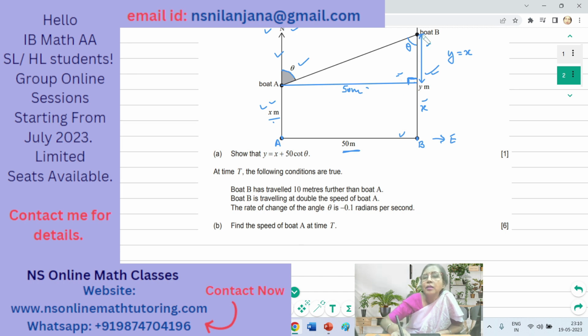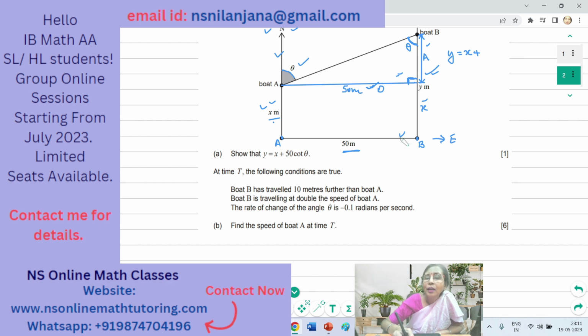X plus, what can be this part? We know this length. So with respect to this angle, this one will be opposite and this one will be adjacent.